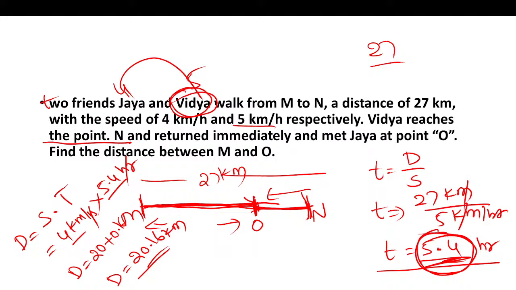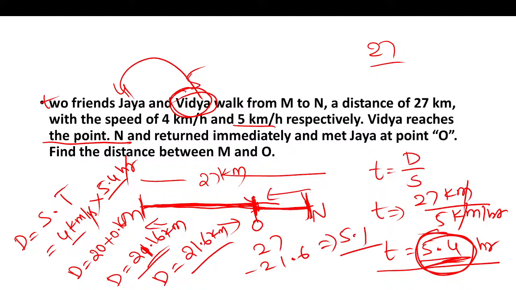Very good, commented person. I took wrongly here. It's 21.6 kilometers Jaya traveled. So what is the distance between O and N? It is 27 minus 21.6. Totally 5.4 kilometers.